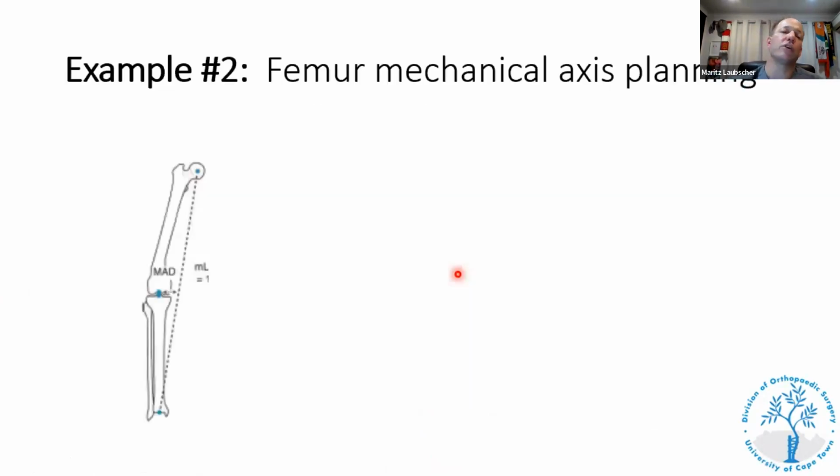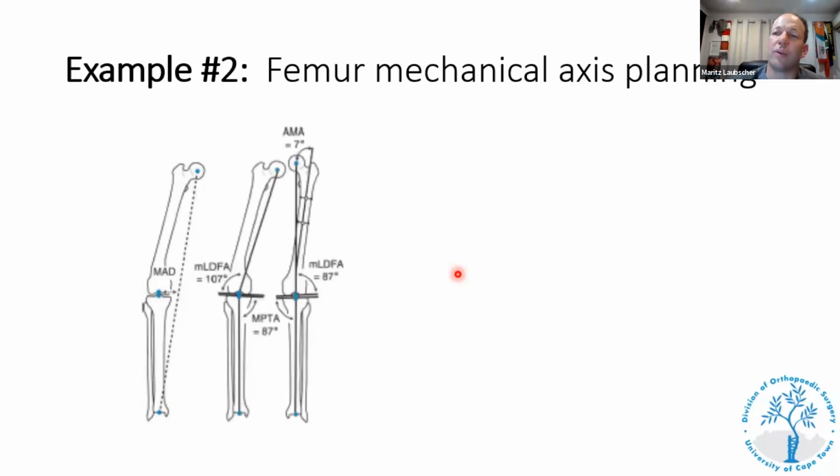Okay, so just to show you now, when you use mechanical axis planning in the femur, it's slightly more complex. So let's look at this case. You can see here that I've drawn the overall mechanical axis of the limb, which shows a mechanical axis deviation towards the midline, so varus malalignment.